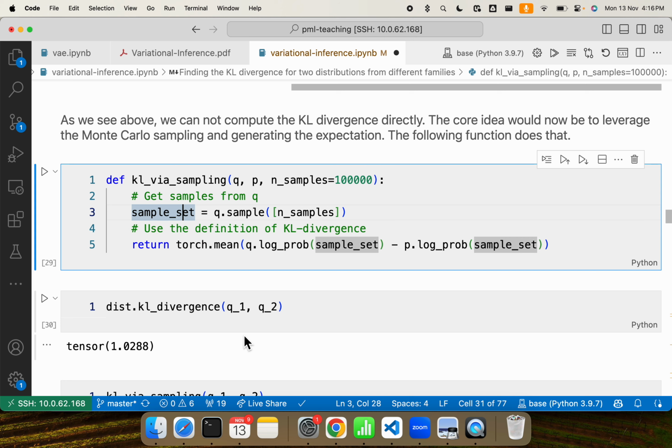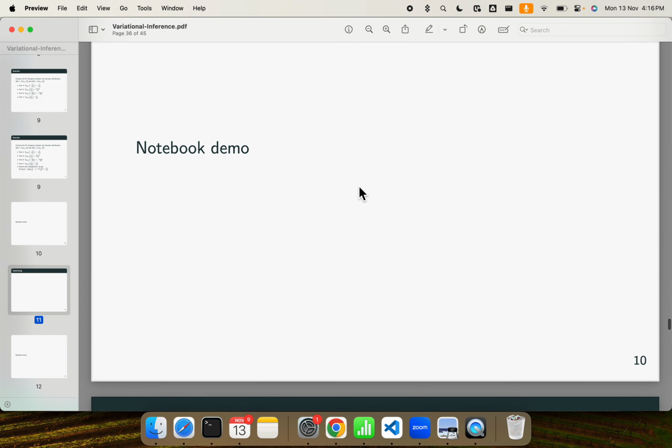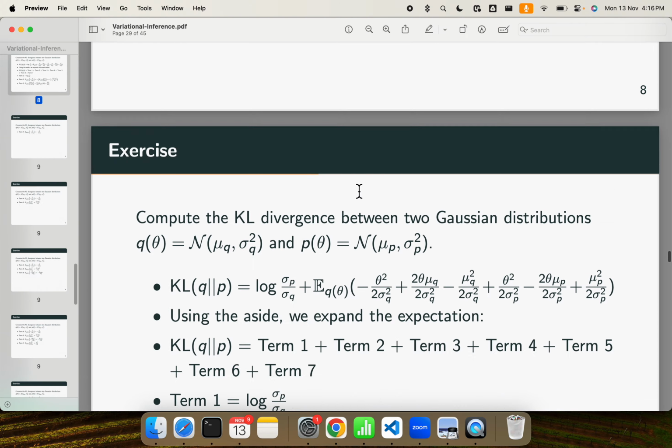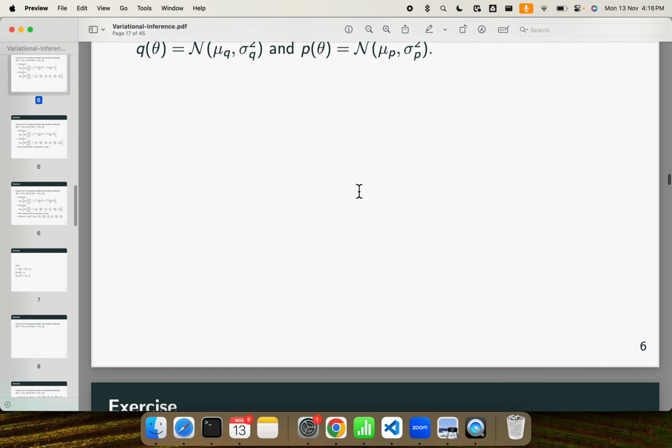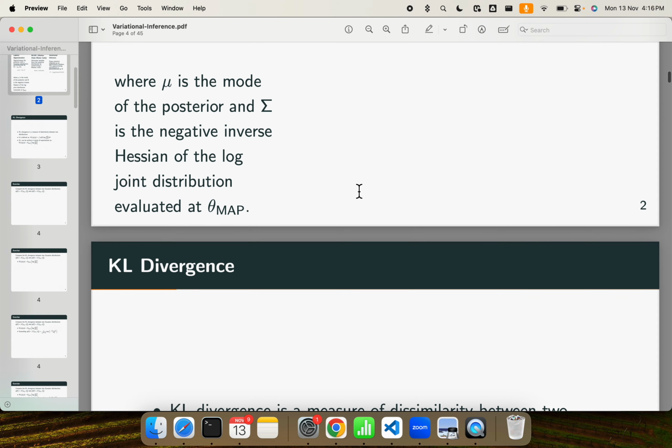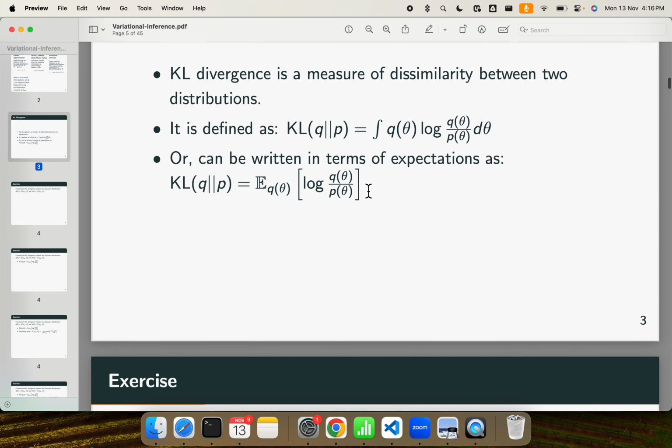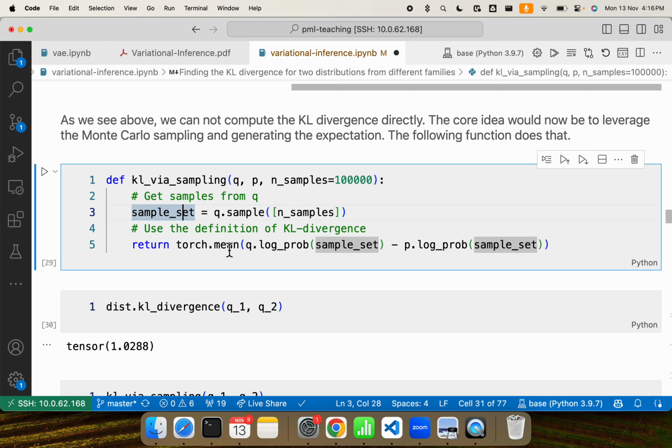We replace this expectation as 1 over n times the sum of log of q of theta i over p of theta i, where theta is distributed as q of theta. And that's exactly what we are doing in this piece of code. We get a set of samples and we're putting q dot log prob of sample set minus p dot log prob of sample set.